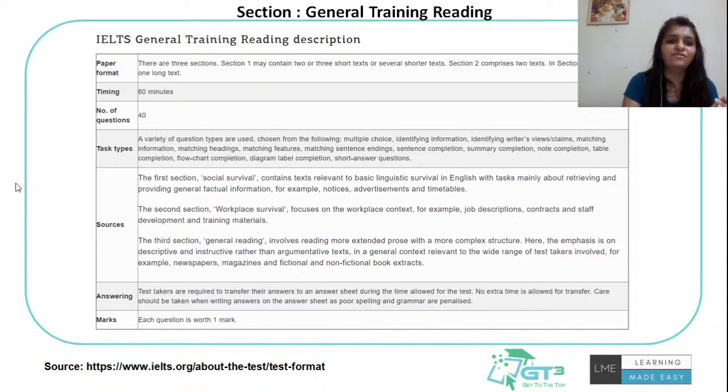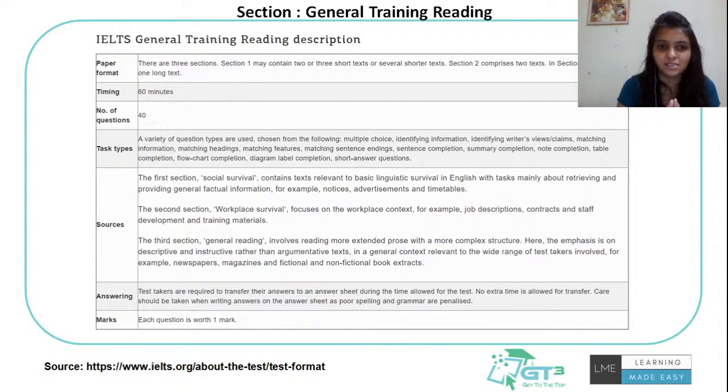Now, the important thing in general training is that the first section is mostly about social survival, mostly, not always, but mostly. In the second section, they will always ask you about workplace survival, the job descriptions, the contracts, and they would focus more on the workplace environment.